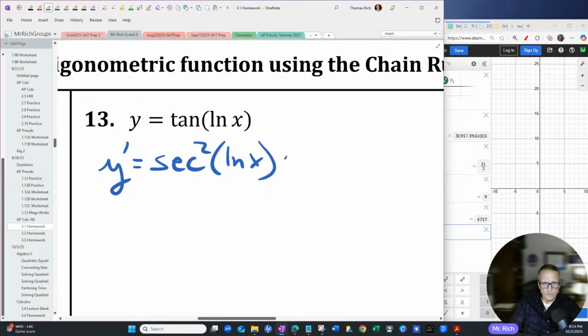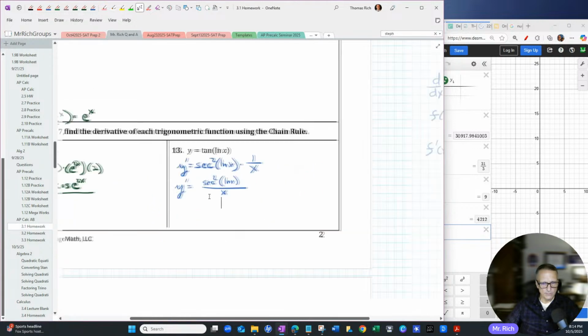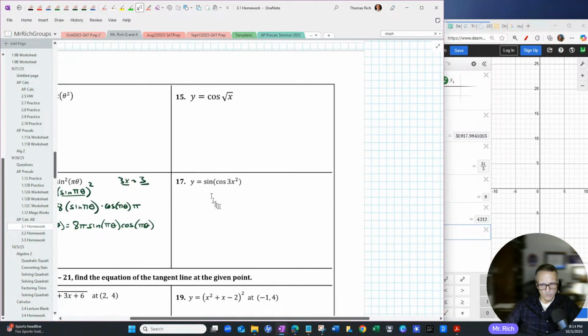But now I have to multiply that by the derivative of the natural log of x, which is 1 over x. And so this becomes our derivative right here. We could write that as the secant squared of the natural log of x, all over x.